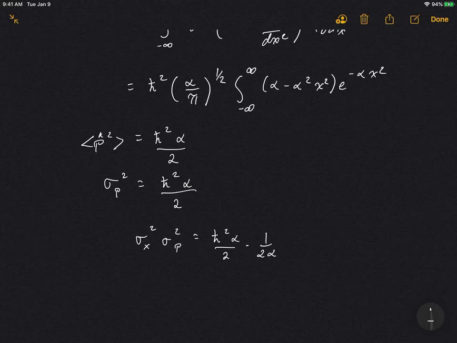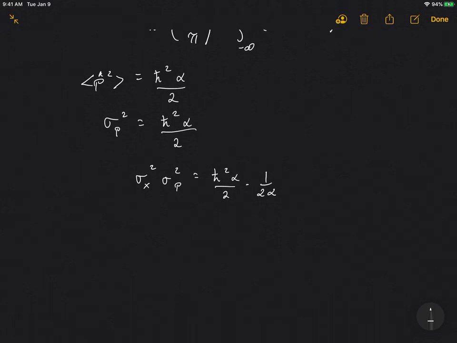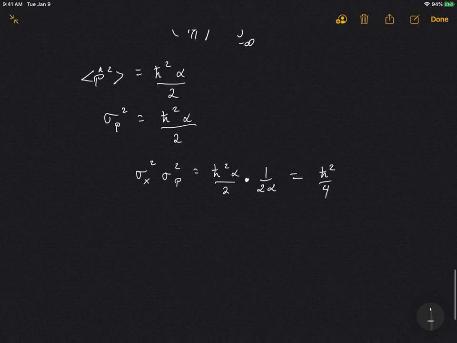Interesting, so the alphas cancel. We end up with a product that doesn't depend on the particulars of the system, what the mass is, what the spring constant is. That all factors out. And again, that's a multiply, not a minus. We end up with h bar squared over 4.